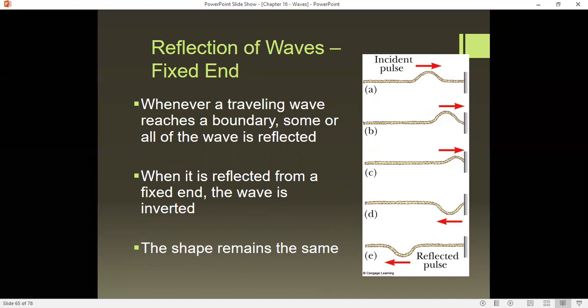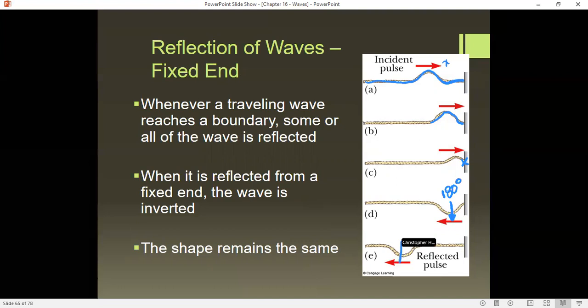Waves on a string, if the end is fixed, you get what we call a phase shift. Here's the wave coming in. Here we have this positive peak. The positive peak comes in. If this is fixed right here, that changes the phase by 180 degrees. Now the peak has become a valley.